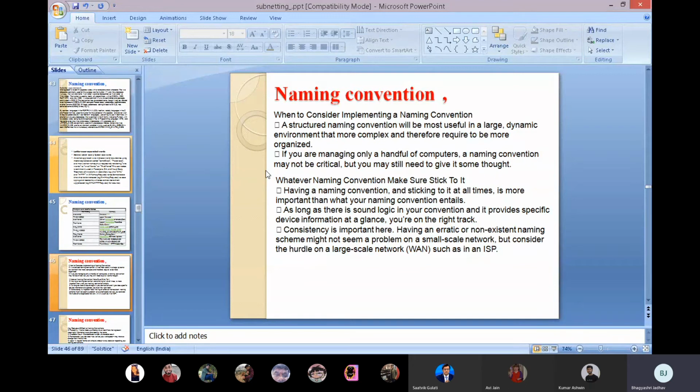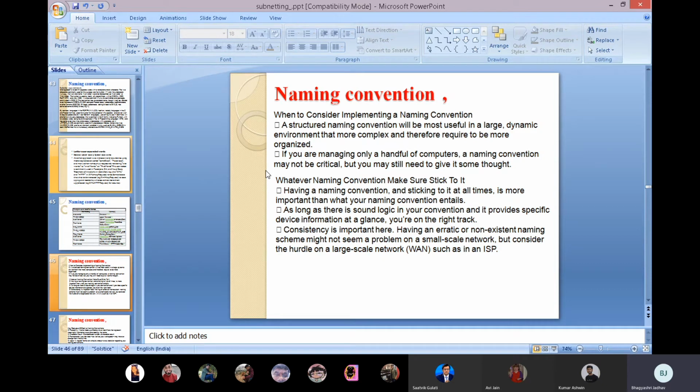Whatever naming convention, make sure you stick to it. Having a naming convention and sticking to it at all times is more important than what your naming convention entails. As long as there is a sound logic in your convention and it provides specific device information at a glance, you are on the right track.